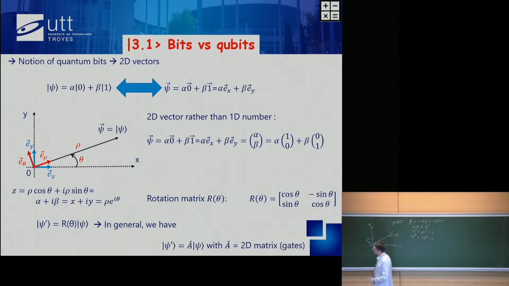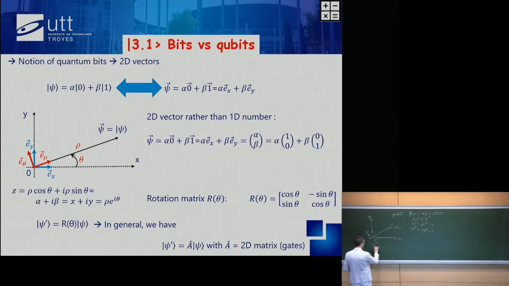I can also define another representation, and this is usually what we do in math and physics, which we call polar coordinates. We will see why this is interesting.